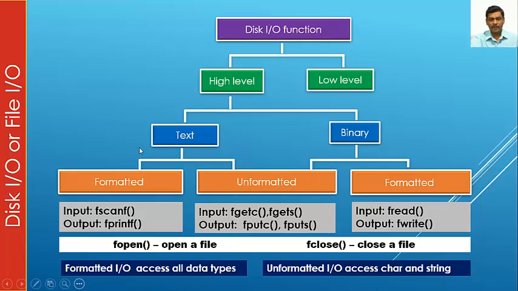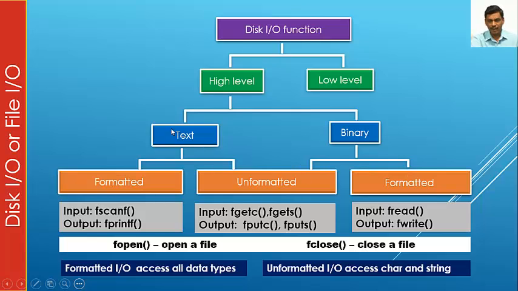Now unformatted is common for text and binary, but formatted differs in text and binary. Text input is fscanf, output fprintf. In binary formatted, input is fread and output is fwrite.